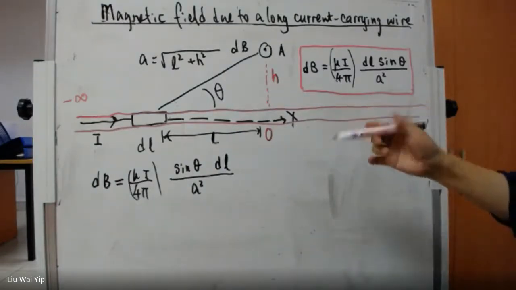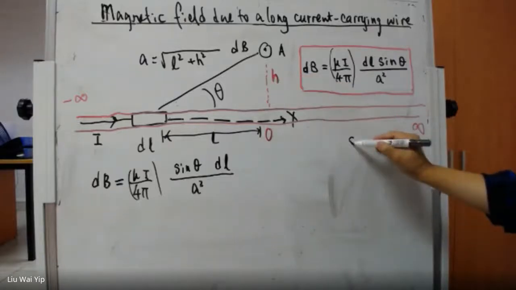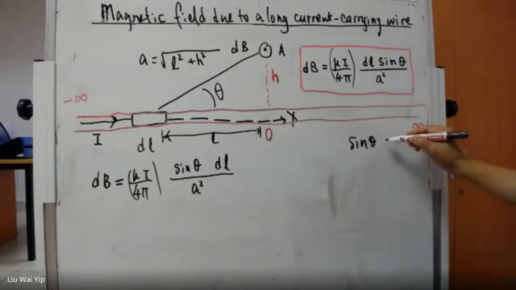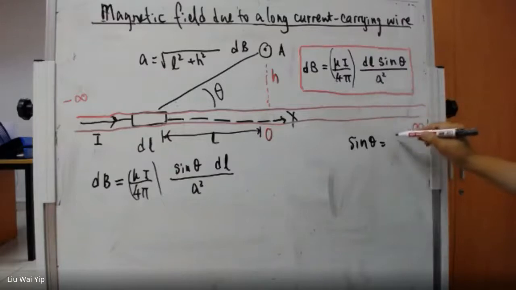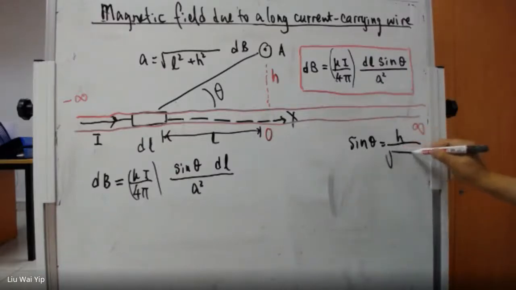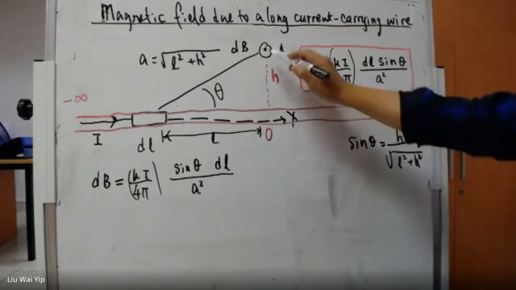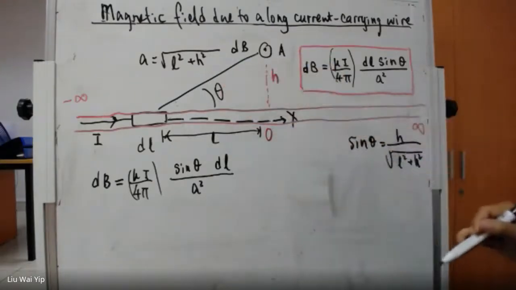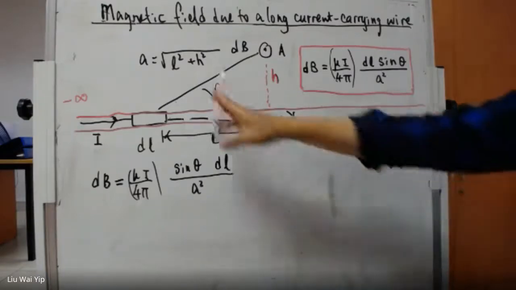And we also know that sine theta is equal to h divided by the square root of L squared plus h squared, this length divided by the length a.